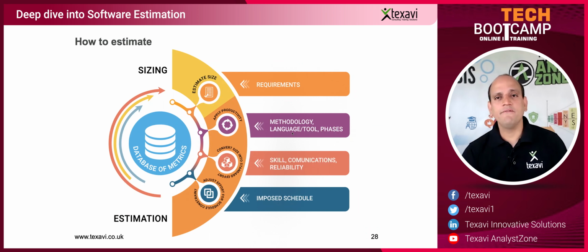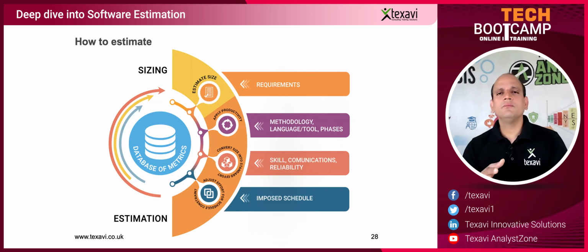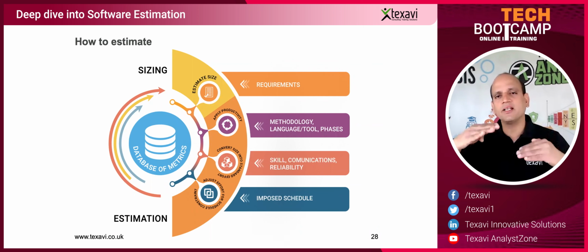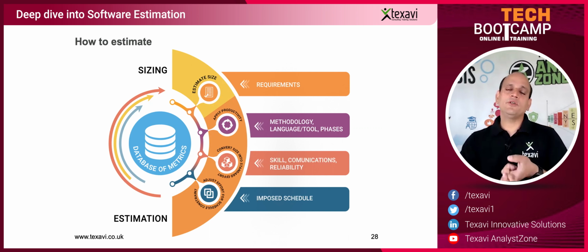Are they using Visual Studio .NET or are they using Java? If they're using Java, it's completely different. If it's C# coding using Visual Studio .NET, then potentially two developers could have the same level of productivity. But there are other factors. The person might be junior. They may not have enough experience working with Visual Studio .NET.